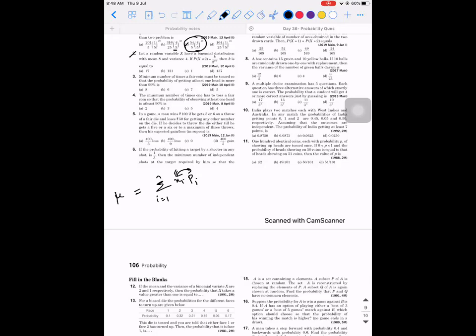So write down the formula for variance. The formula is root of sigma i is equal to 1 to n of xi minus mu the whole square into probability of xi.